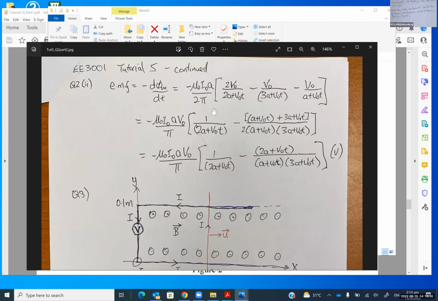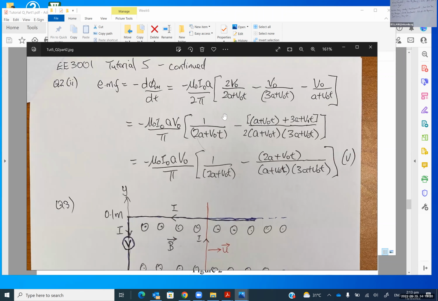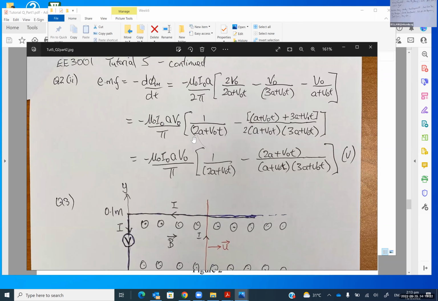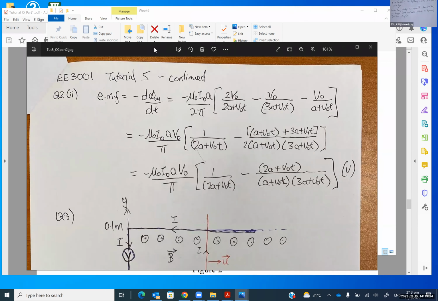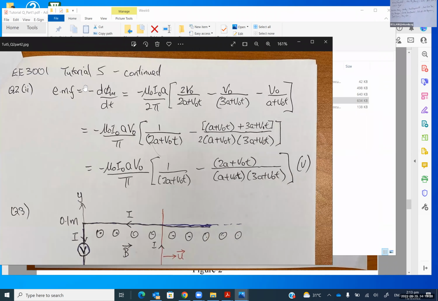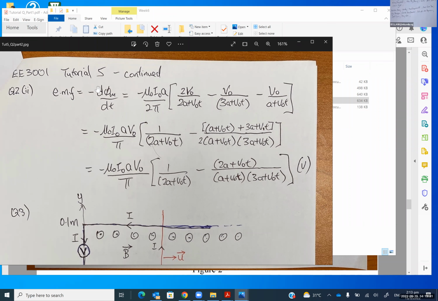A simple reverse solution. Eventually we get our EMF is negative, meaning the current is not clockwise, but rather anti-clockwise. Does it agree with Lenz's law?